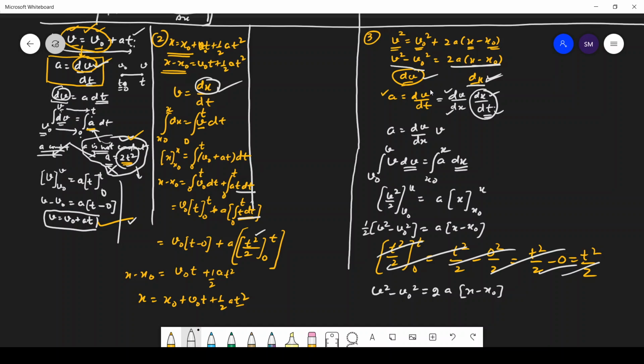So we started with acceleration is equal to dv by dt, and then this is the chain rule. By chain rule we have rewritten this formula, so that equals dv by dx times dx by dt. Now what is dx by dt?